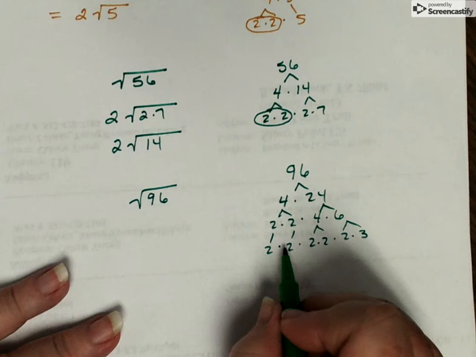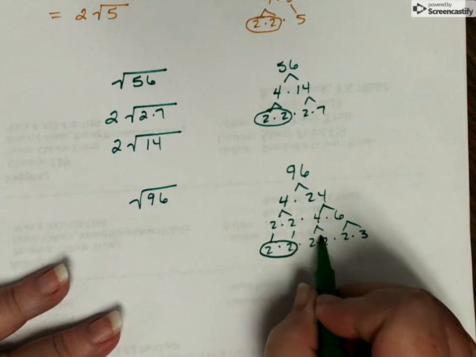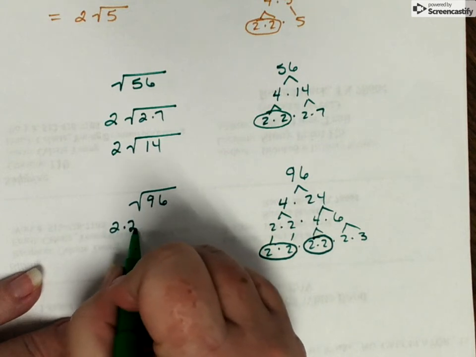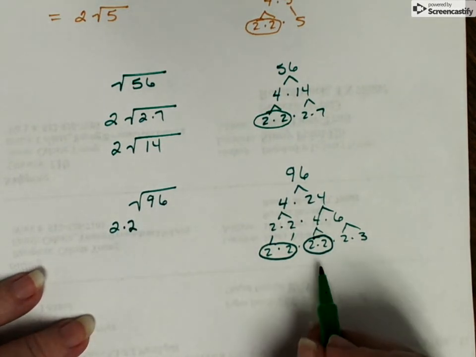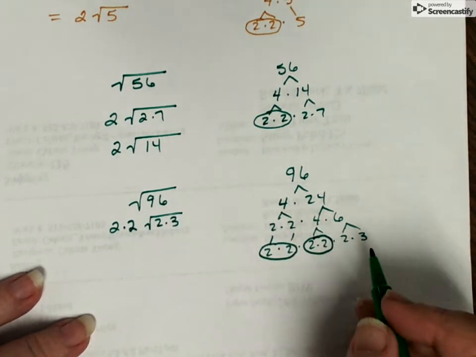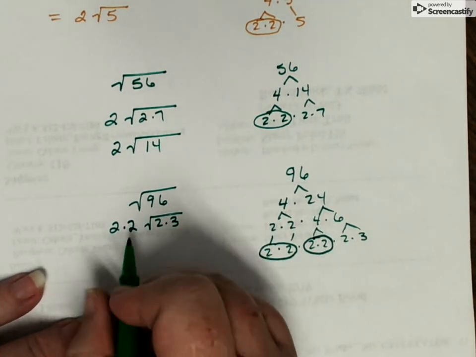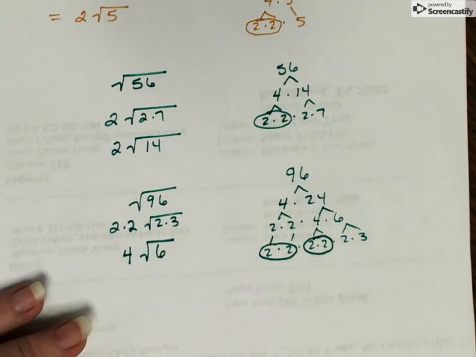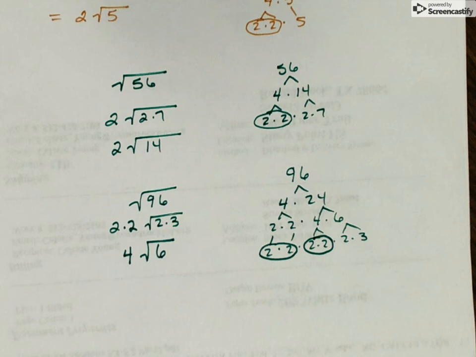Now look, I've got a pair here and another pair there. So I'm going to write both of those numbers on the outside, a pair of 2's and a pair of 2's. And then the 2 and the 3 stay inside. So what's 2 times 2? 4. What's 2 times 3? 6. And so my simplified radical is 4 root 6.